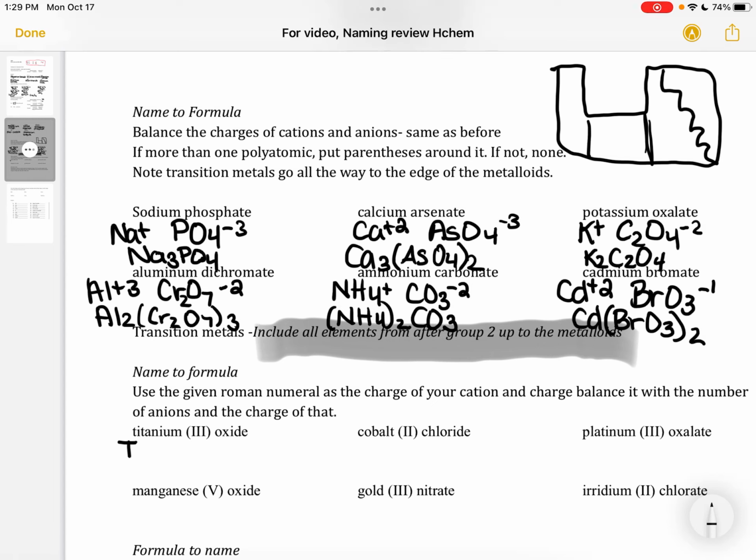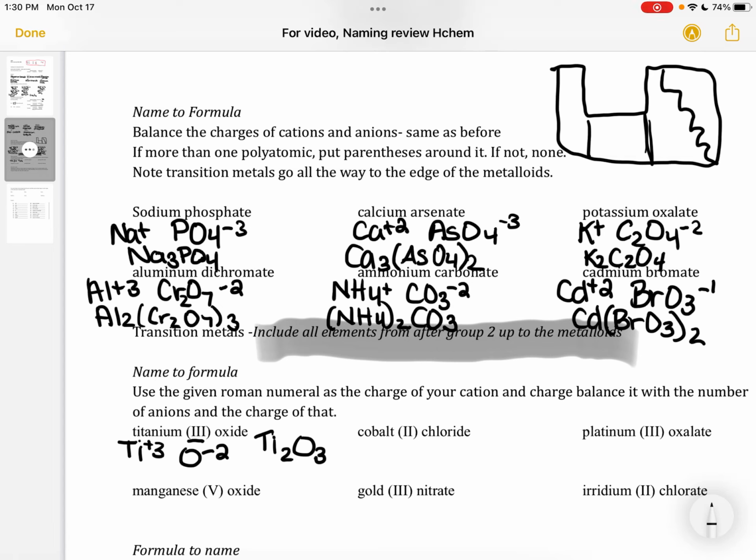So this is telling me I have titanium, and the charge on my titanium is a +3. And it's bonded to oxygen. Oxygen is a -2. Okay, so now to balance these charges out, I need to meet at 6. So that means I'm going to need 2 titaniums to get to a +6 and 3 oxygens to get to a -6. So now their charges are balanced out.